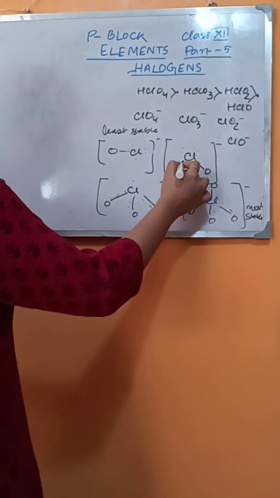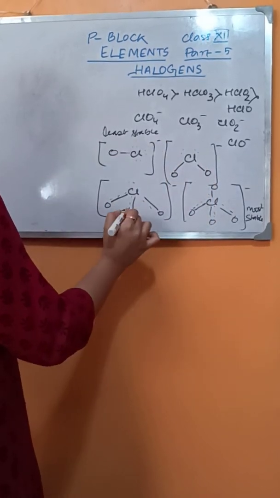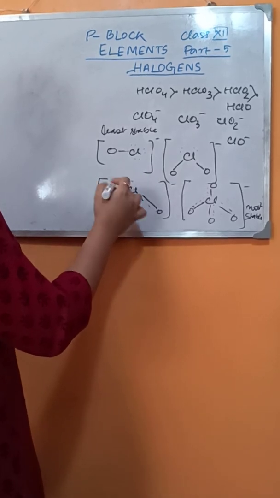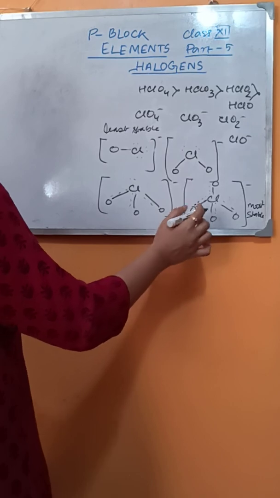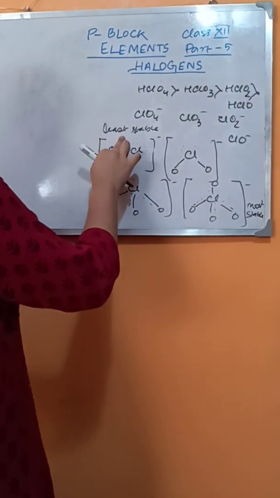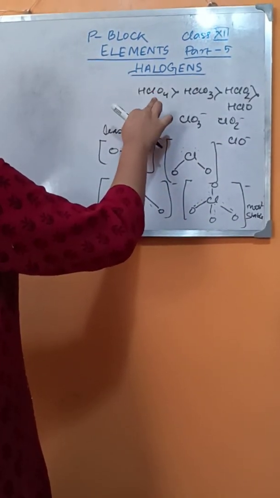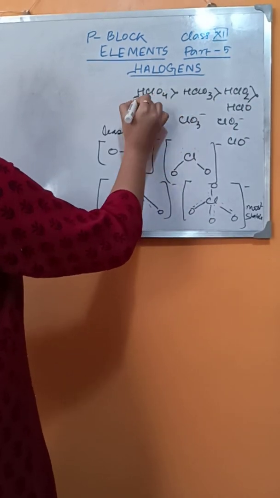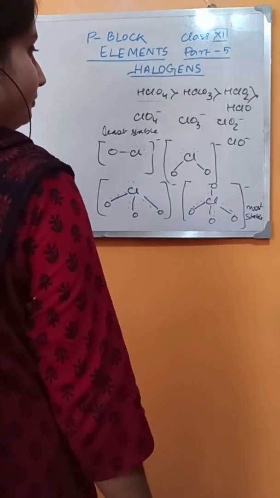Here there are 2 oxygen atoms, which can more easily delocalize it. 3 oxygen atoms more easily, and 4 oxygen atoms most easily. So this is most stable and this is least stable. The conjugate base of HClO4 is most stable and the conjugate base of HClO is least stable. So the acidic order is in this decreasing order.